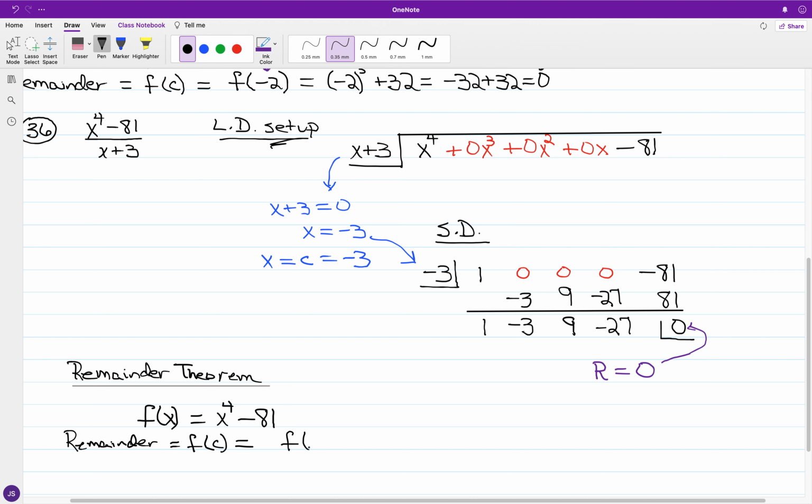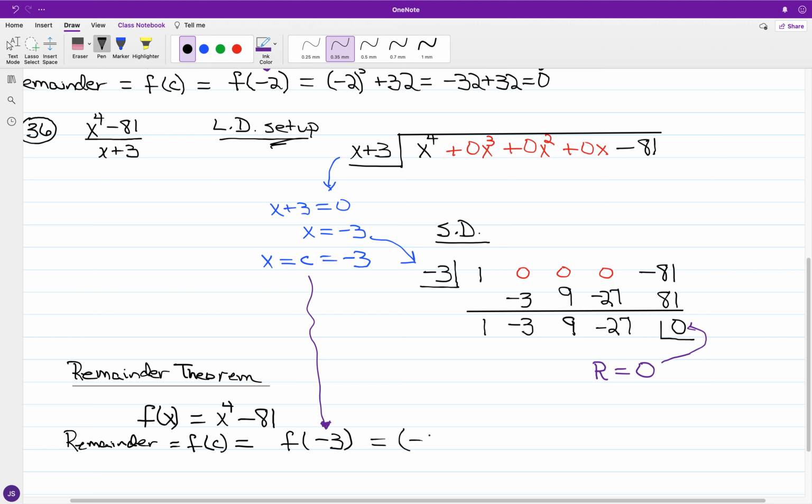And again, this is going to be f of negative 3. Once again, the c was predetermined. And we have plugging in negative 3 for x in the polynomial.